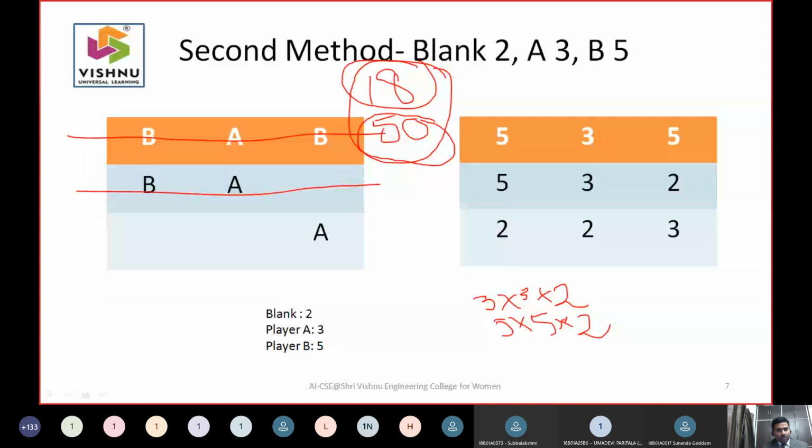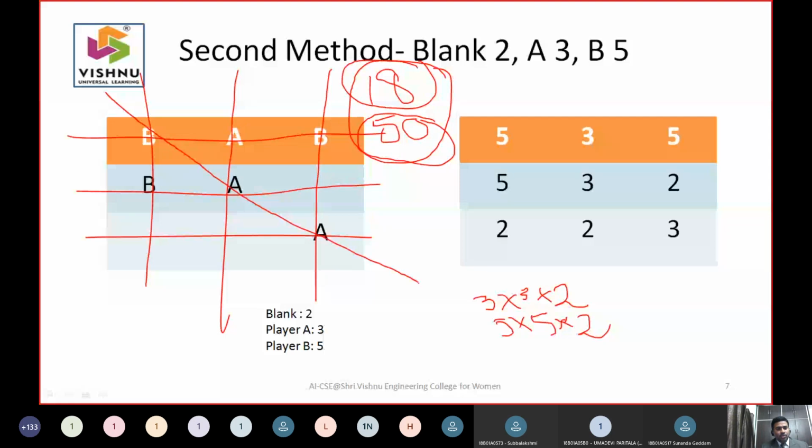Column wise, you have to compute 3 values. So 3 plus 3 is 6. Diagonal wise, you have to compute 2 values. So 3 plus 3 plus 2, every time you have to compute 8 values. In these 8 values, if you have 18 and 50, that is an alert message, then you need to see that you can defer the winning of the opponent. This is the difference between the first and the second method.